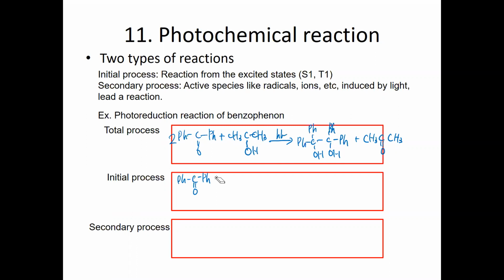Looking into the initial process of this reaction, initially light is absorbed, and there is n-pi star excitation. But due to the very high inter-system crossing ratio, within a very short time, less than a picosecond, it changes into a triplet state.